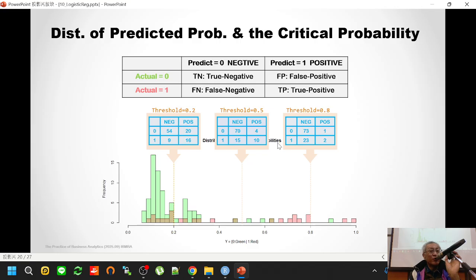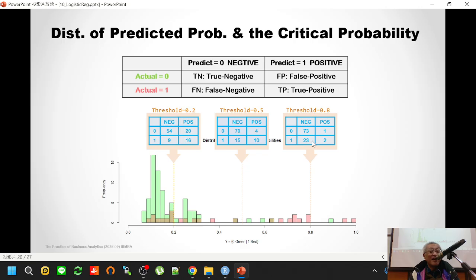So when the threshold is adjusted, the higher the threshold, the fewer the positive cases, and the more the negative cases, right? Because the total number of cases is usually the same. When we move the threshold, the total number will not change, but the values inside the cells will change.